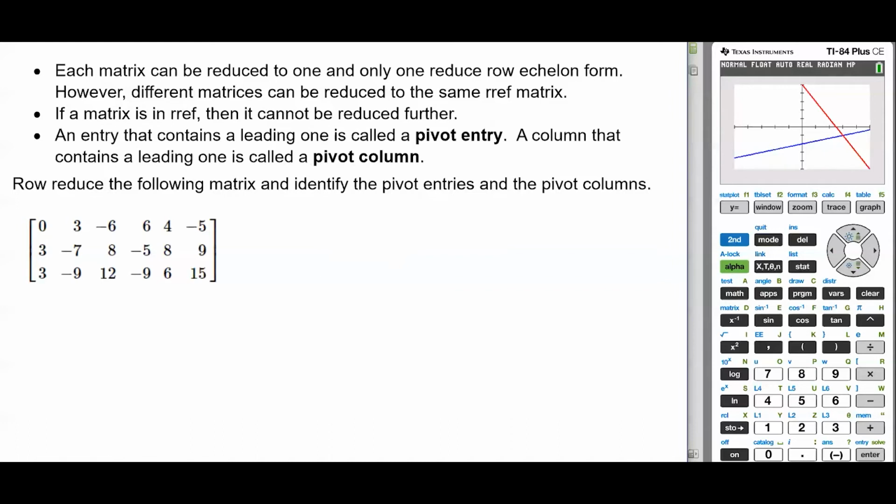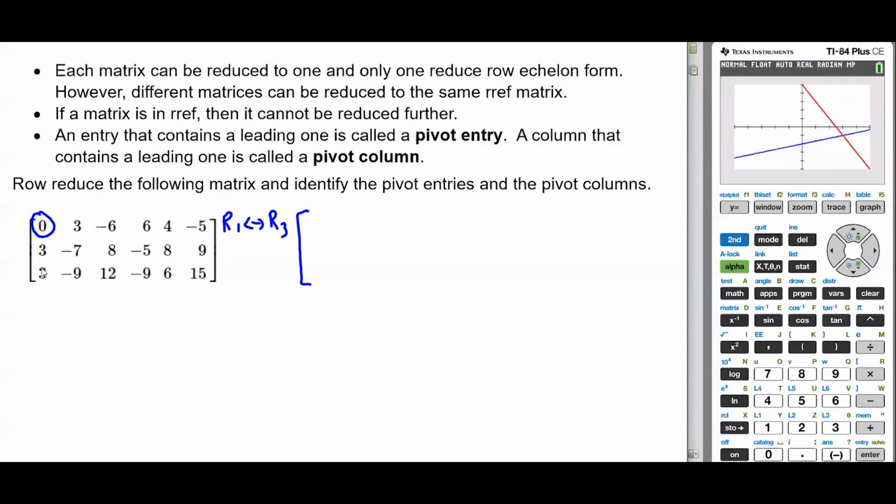So first step is I want to have a 1 in the top left corner. So I'm going to switch row 1 and row 3. I like row 3 because all of these are divisible by 3, right?